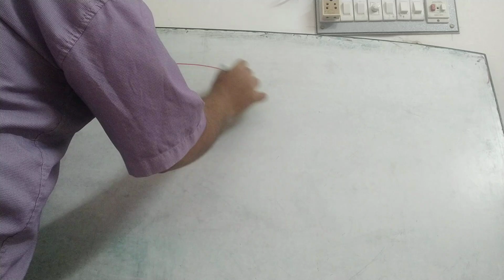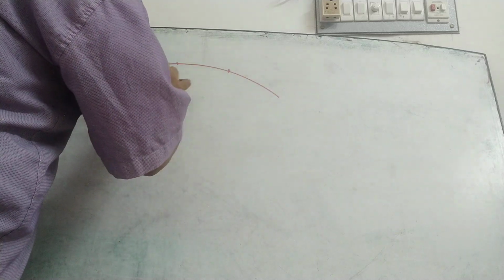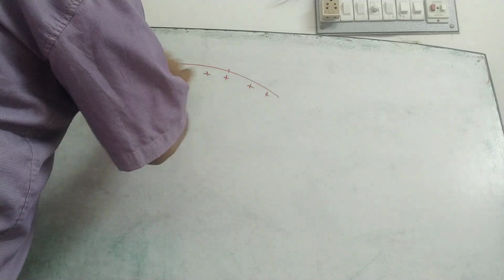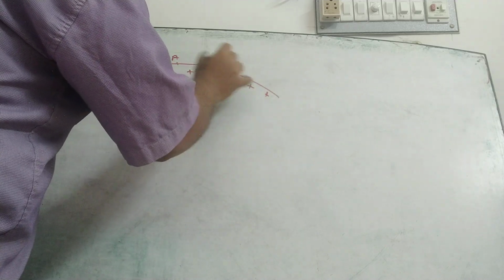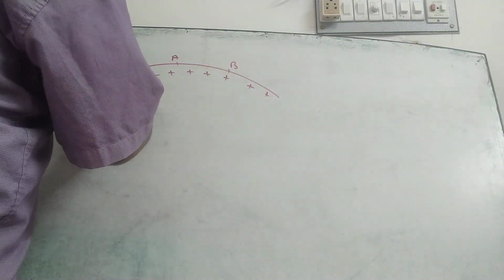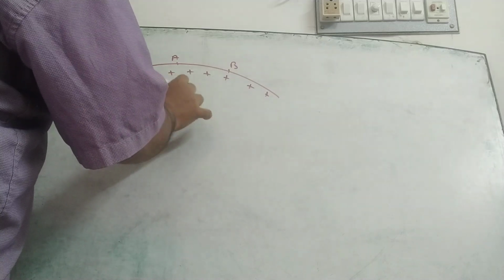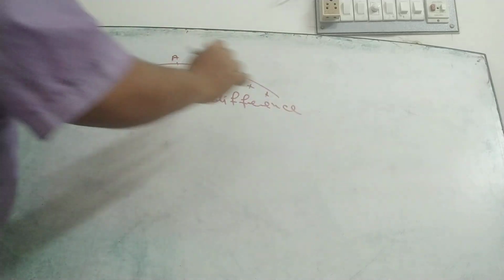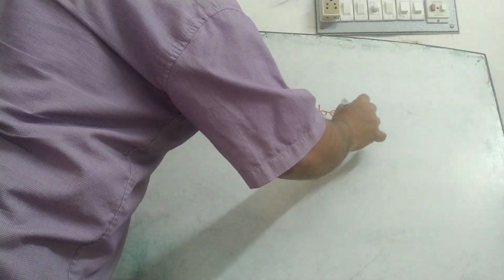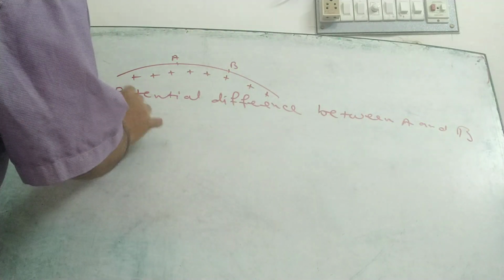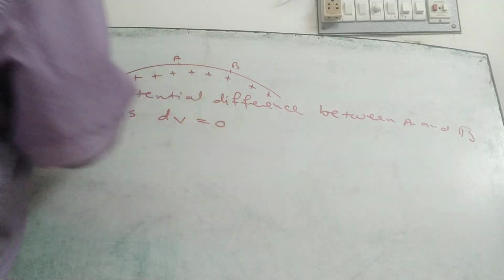So what is an equipotential surface? Let us consider this is an equipotential surface and A and B are two points on this surface. Now the potential difference between A and B is dV equal to 0.